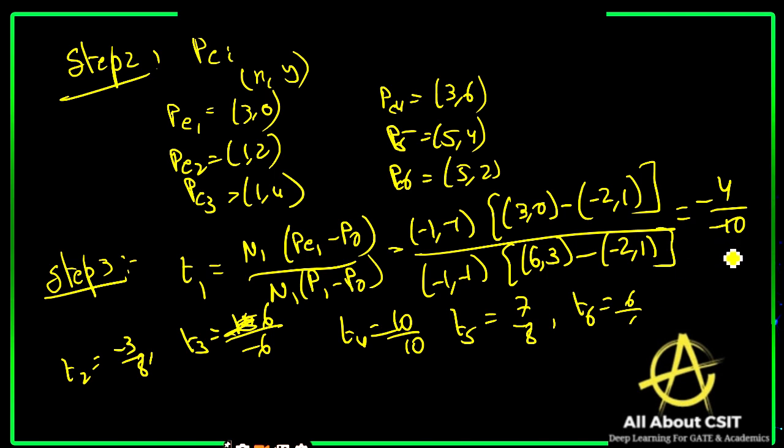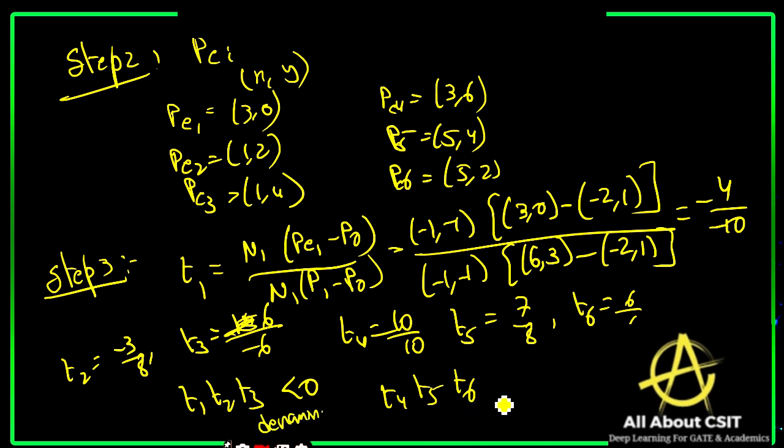If you perform the calculations here, these are the negative values. If you consider T1, T2, T3, the value is less than 0. I'm talking about the denominators.